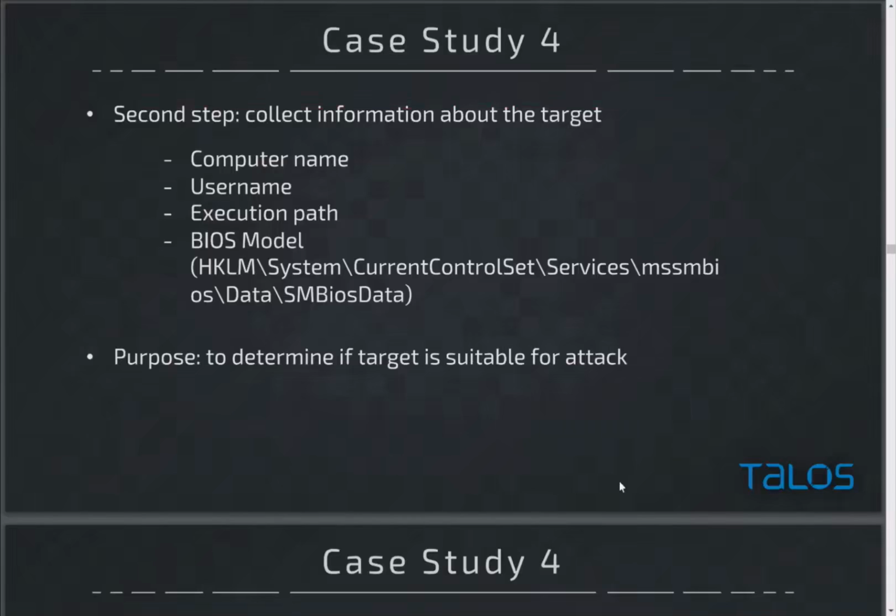And it used a really specific registry key to get the BIOS model. You can search on Google, and it was not really documented. And I don't see a lot of malware that uses this specific key. So it's interesting. What is the purpose? Always the same: identify the target and be sure it's the real target.